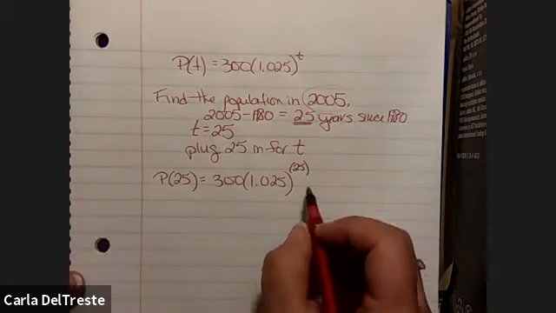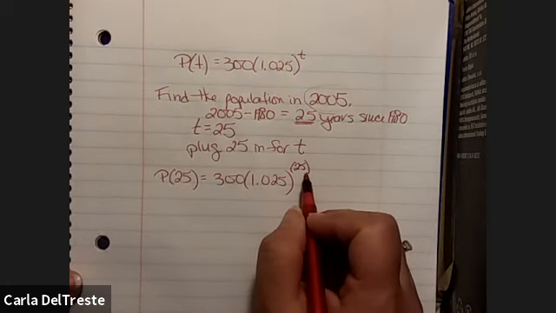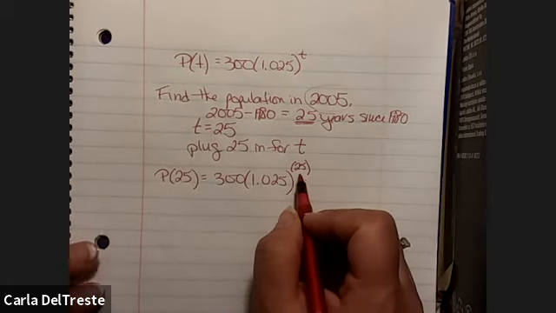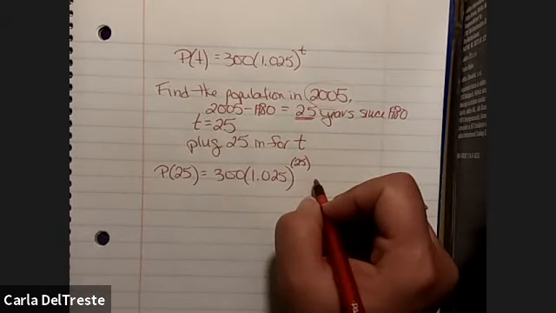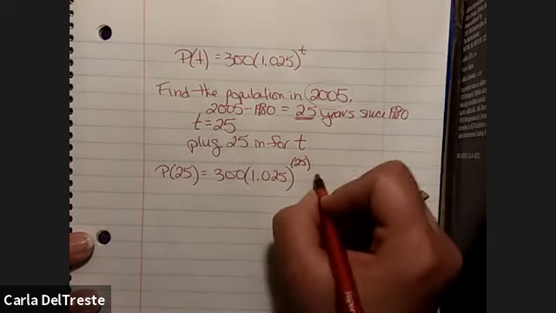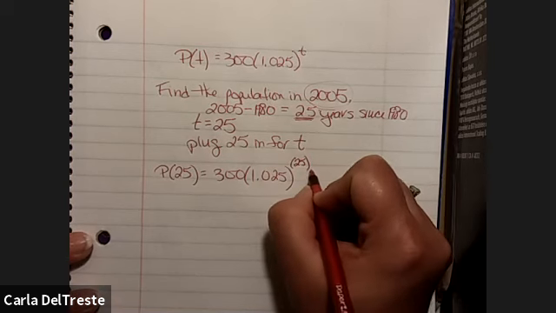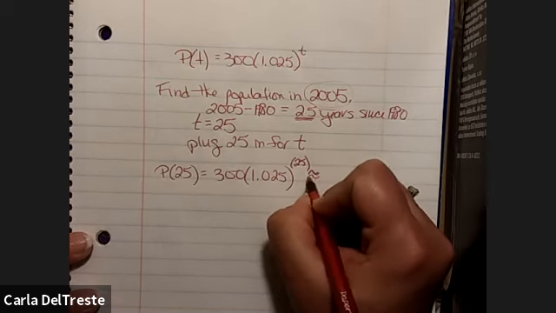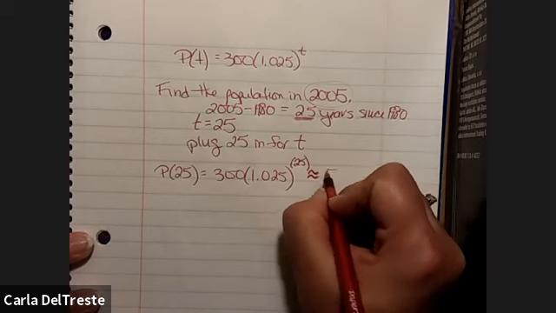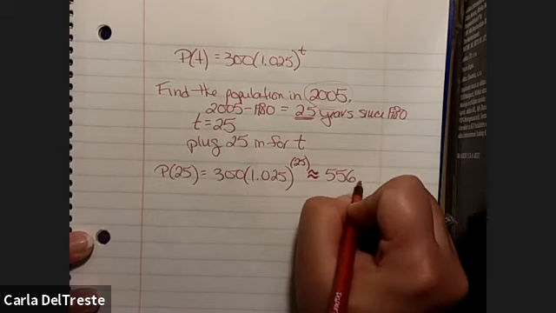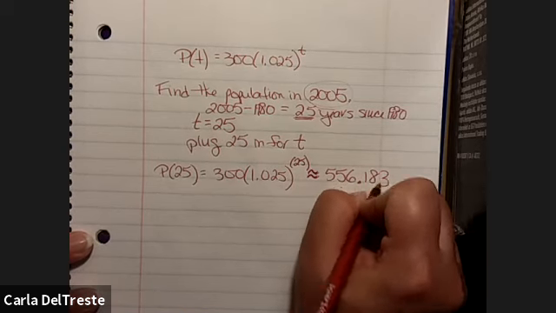And remember, I always say plug in with parentheses, okay? If you put this in your calculator, it's going to give you a decimal, okay? It's going to be kind of long. We don't need to carry out all those digits. We're going to approximate, which is the squiggly equals here. And we're going to say that this is approximately 556.183.